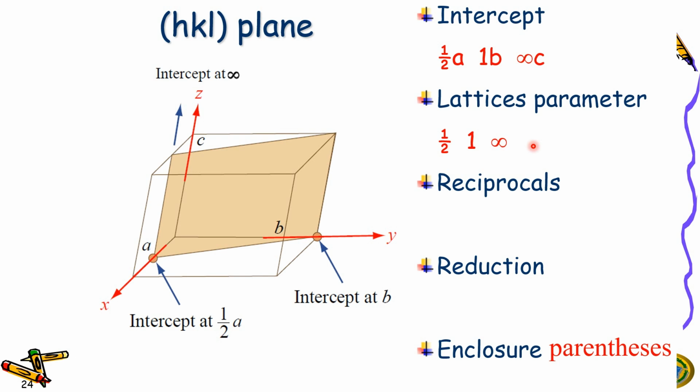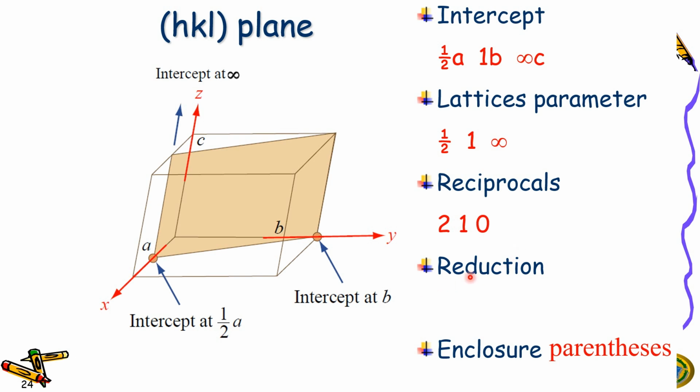After that, you do the reciprocal. The reciprocal of half is 2, the reciprocal of 1 is 1, and the reciprocal of infinite is 0. So it's 2, 1, 0.